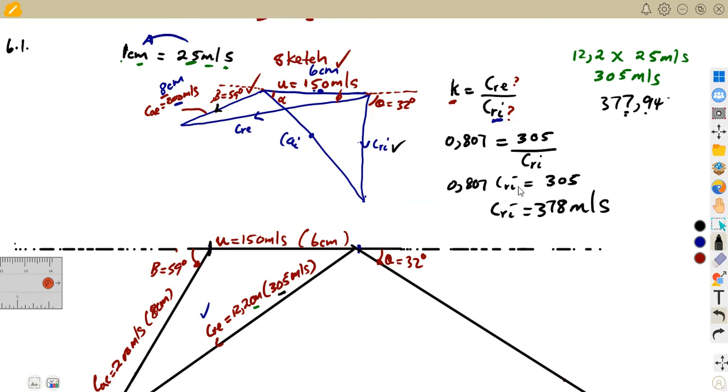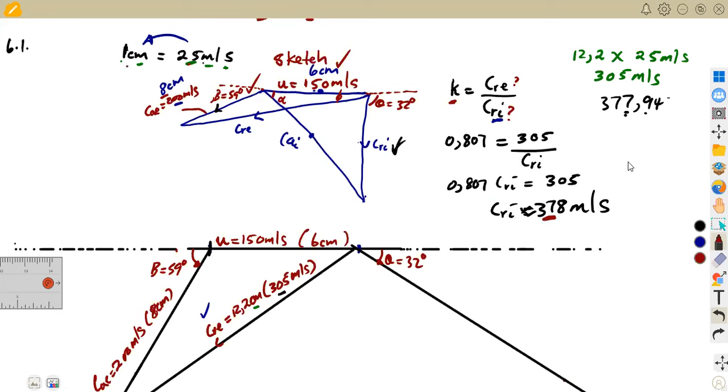But just write the answer first, the one that you got. Then you can just write it approximates to 378 meters per second. So that's our velocity in this case at the inlet. So meaning to say we can also obtain what? The centimeters that correspond here, because we are saying 1 centimeter represents 25 meters per second.